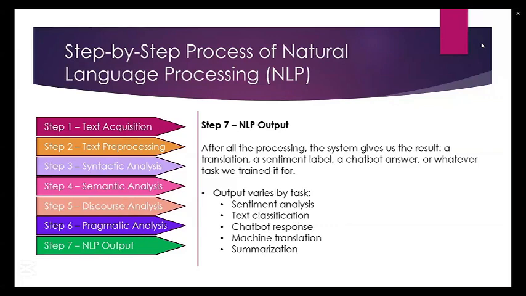There are a lot of things we can do once this processing of natural language is done, because once it is done, the machine can actually understand the meaning of the given sentence, right?